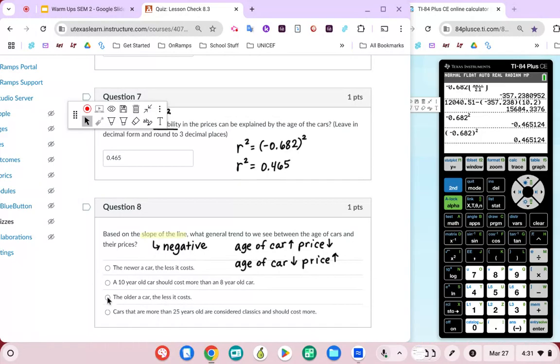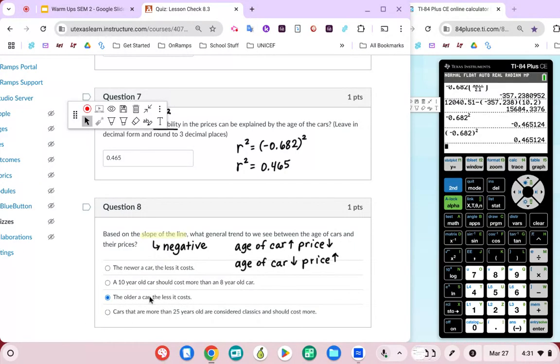That is wrong. A 10-year-old car should cost more than an 8-year-old car. That's wrong. The older a car, the less it costs is correct. Okay, the last one is kind of a distractor. It might be correct, but it's not what we're seeing by this model that we found. So it says cars that are more than 25 years old are considered classics and should cost more.